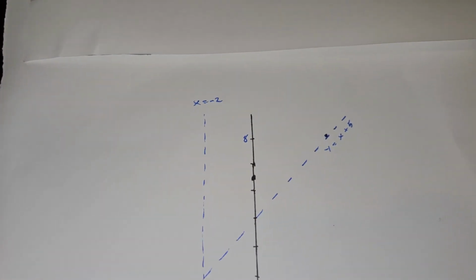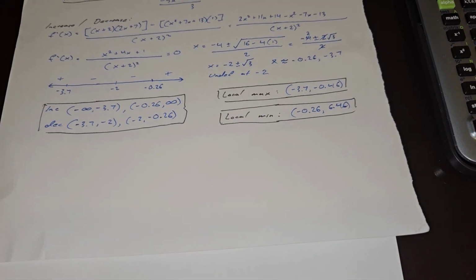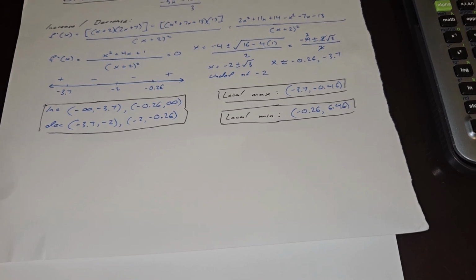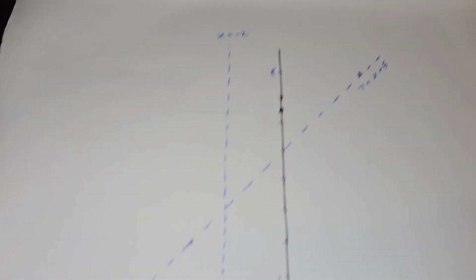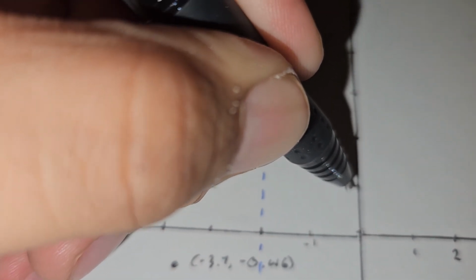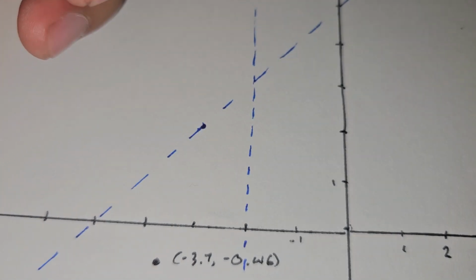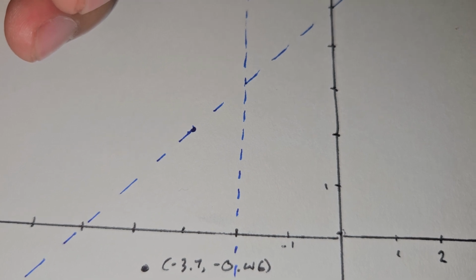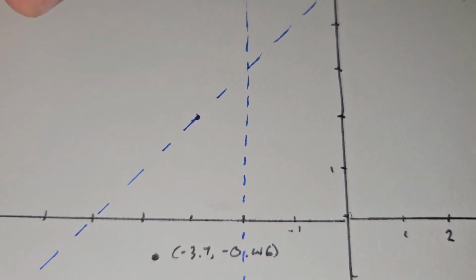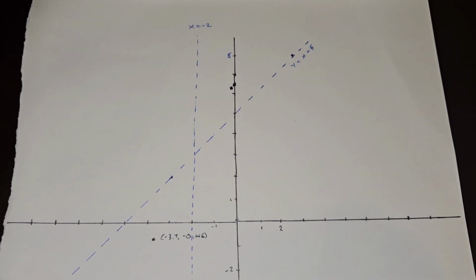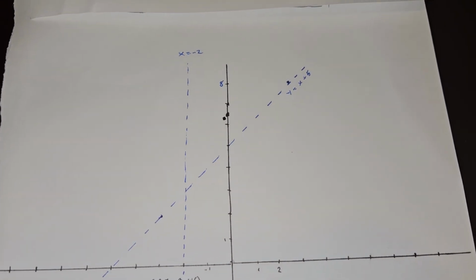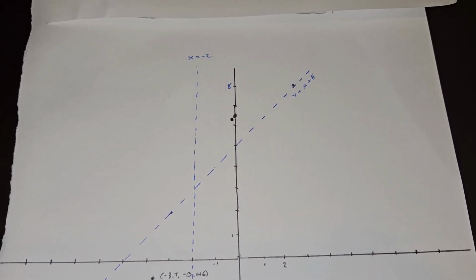Let's do our local minimum, which is -0.26 and 6.46. So -0.26, somewhere all the way over here, all the way to 6.46. It's going to be somewhere around there.